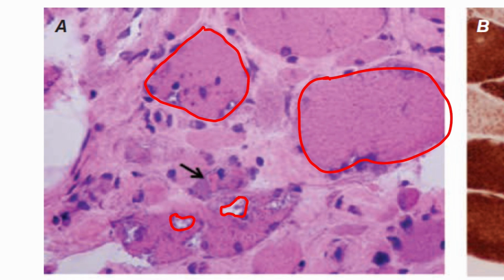These are the rimmed vacuoles, and these are the inclusion bodies. Let me remove these markings again. These are the inclusion bodies, these are the rimmed vacuoles, and these are the cells, maybe inflammatory cells.